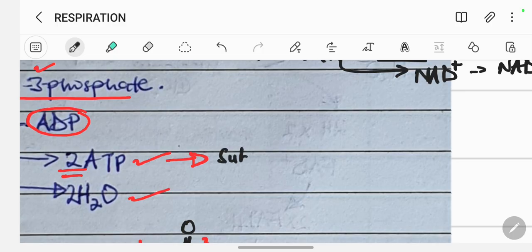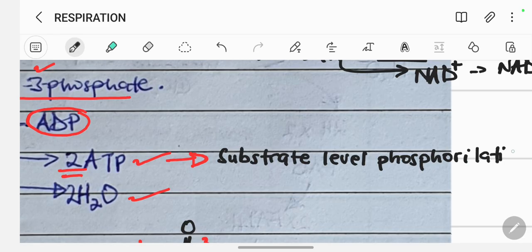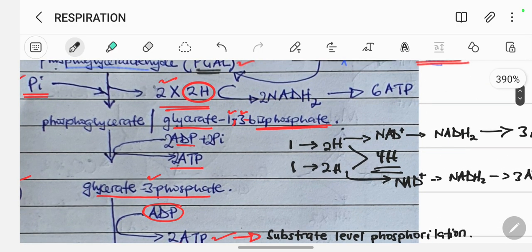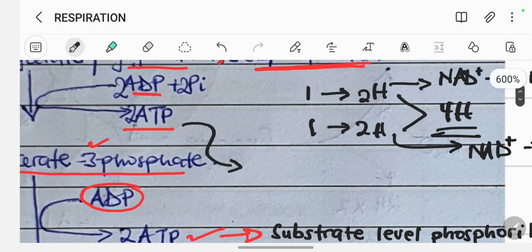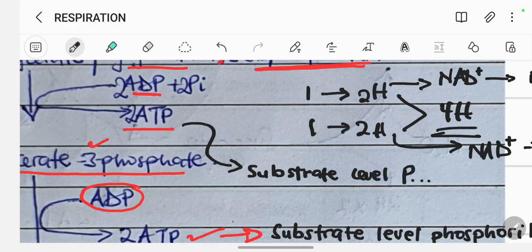And now this one is substrate level phosphorylation. So that is substrate level phosphorylation. And this ATP here formed is also as a result of substrate level phosphorylation, like that.